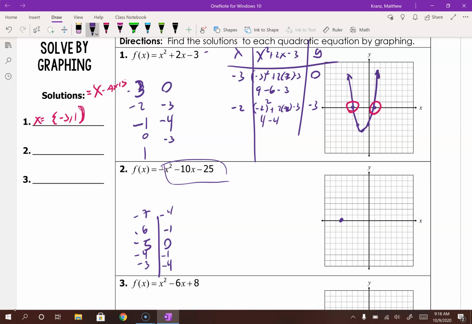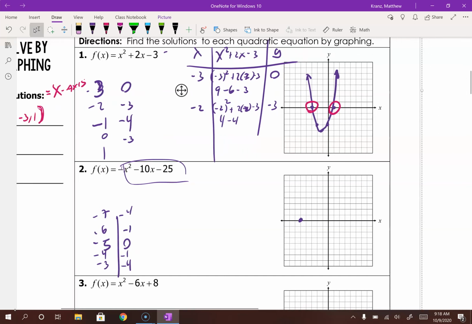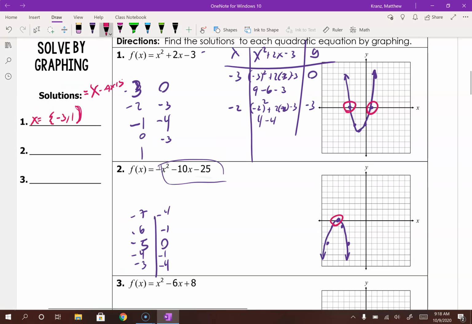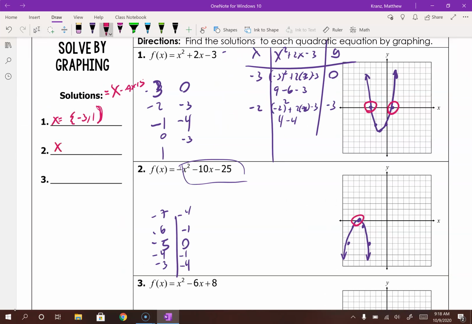So now I have -5, 0, -4, 1, -6, 1, -7, -4, and -4. So my parabola will look like this, and you see that it only touches the axis right there. So that is one solution. The answer for this is just x equals -5.